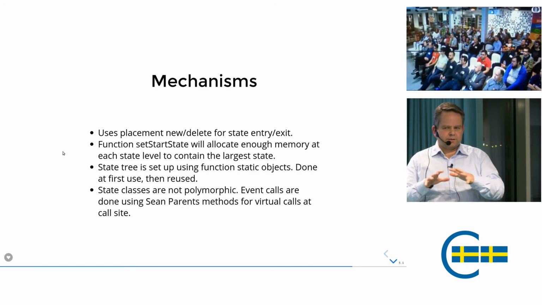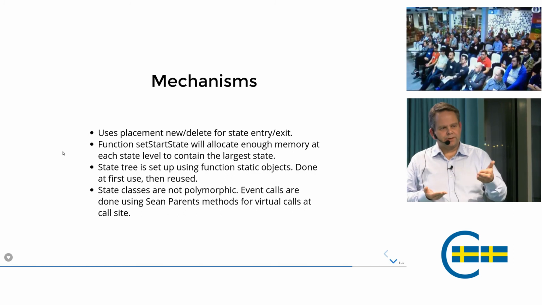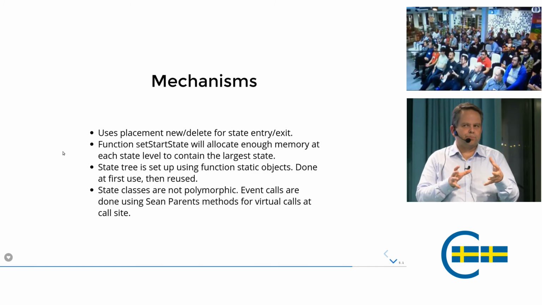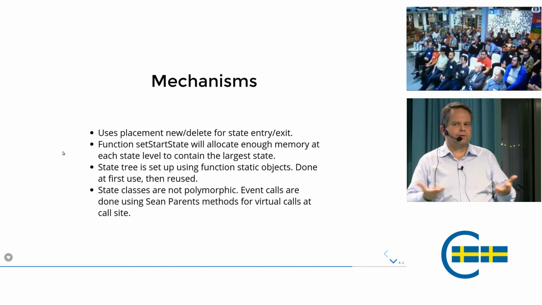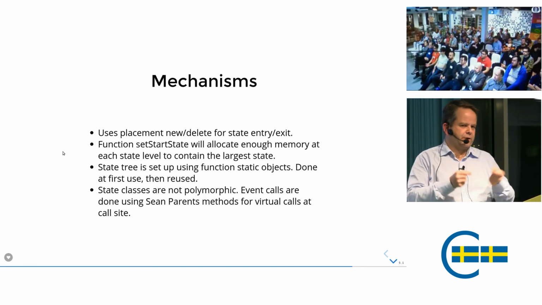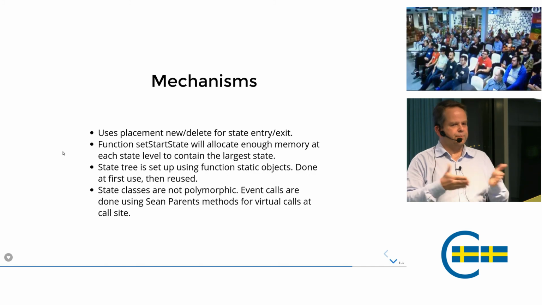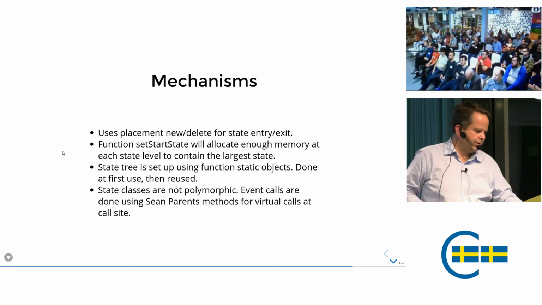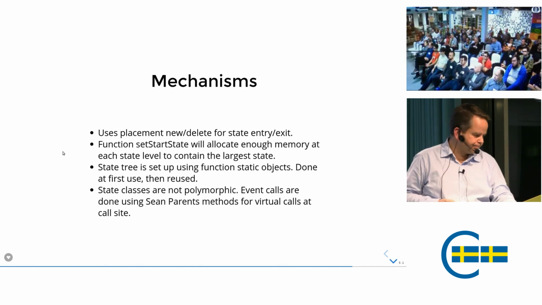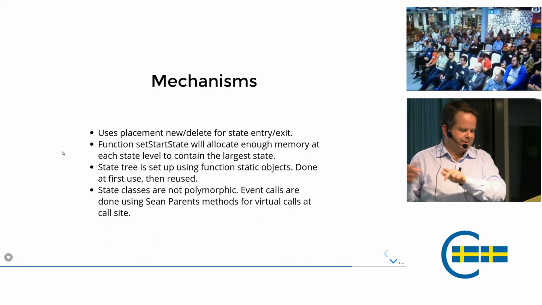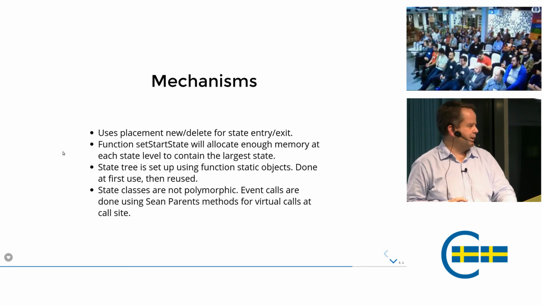Set start state: the first time you call it on one state machine, it will set up a data structure that describes how this looks. But that's const declared and then shared by everyone using this function static object mechanism. State classes are not polymorphic. Sean Parent had a nice talk on how to avoid that, so I tried it out and it worked great.